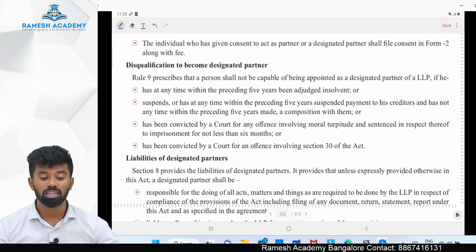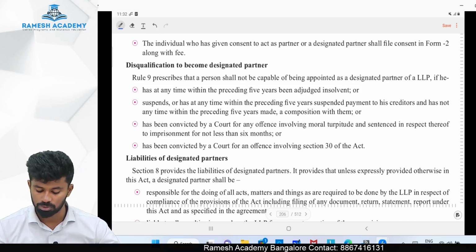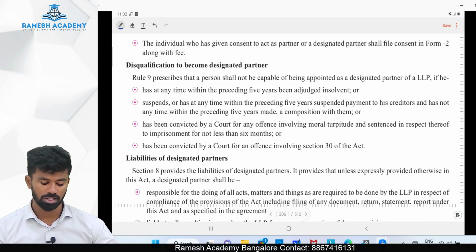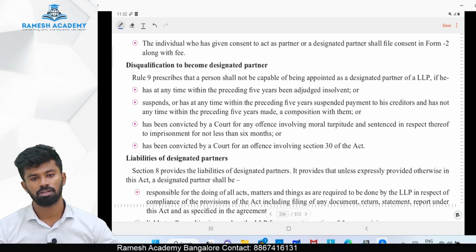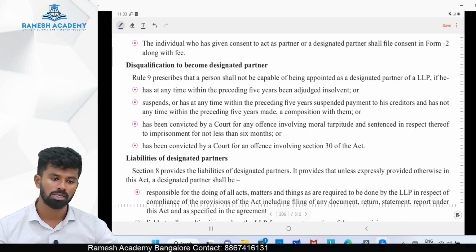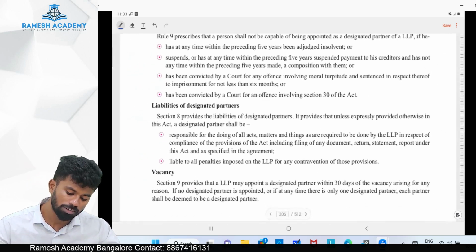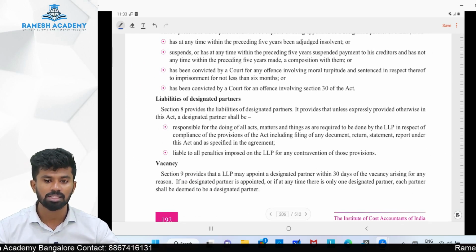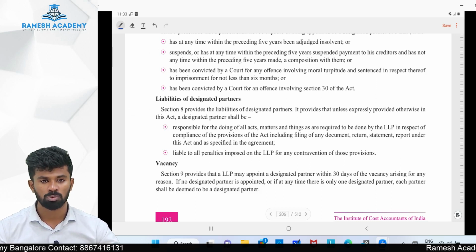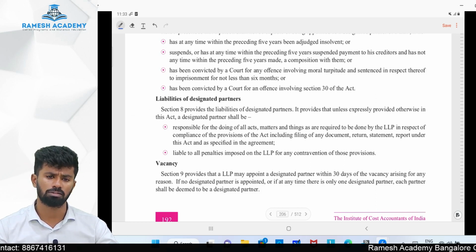He has been convicted by any court of an offence involving moral turpitude and sentenced in respect thereof to imprisonment for not less than 6 months. If he is sentenced for not less than how many months? 6 months. He has been convicted by the court for an offence involving section number 30 of the Act. In these cases, he is disqualified to be what? Designated partner of the LLP.